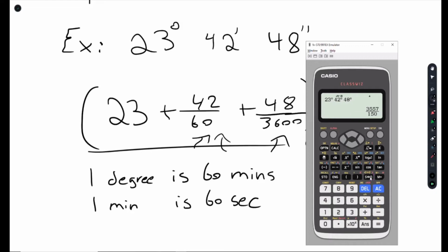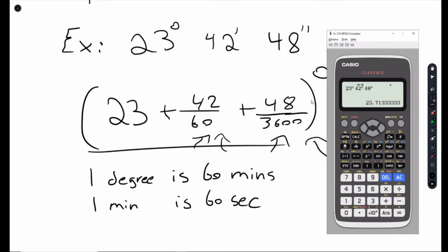Equal, then you press this button. So you have 23.713. If we compare this number with the number we got without a calculator, let's just calculate this one too. 42 over 60 plus 48 over 3600.